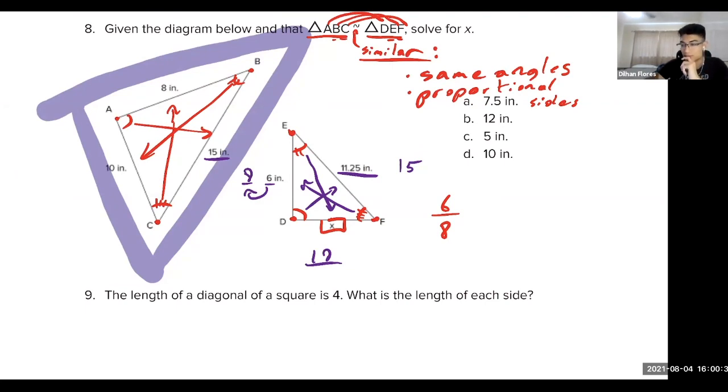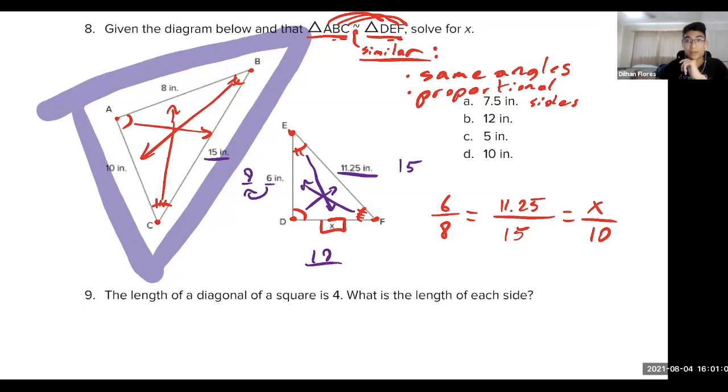Michael, that was crazy fast. So 6 corresponds to 8. That means that 11.25 corresponds to a 15, and the x corresponds to a 10. Put an S if that makes sense, that all these sides correspond to each other.